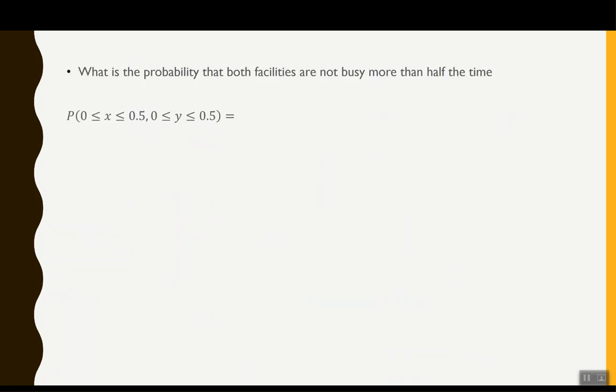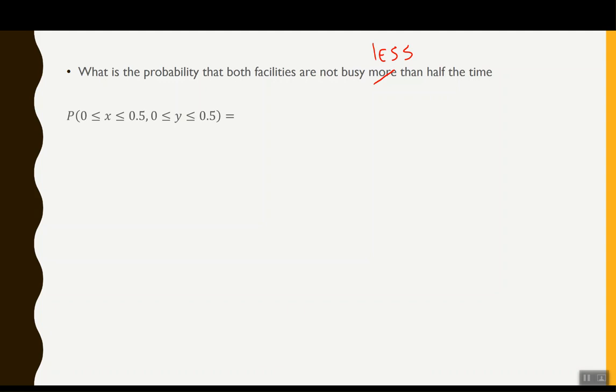So what if we wanted to know what the probability is that both facilities are being used less than half the time, right? That matches up with the statement that I have here. So I want to figure out the probability that they're being used less than half the time.